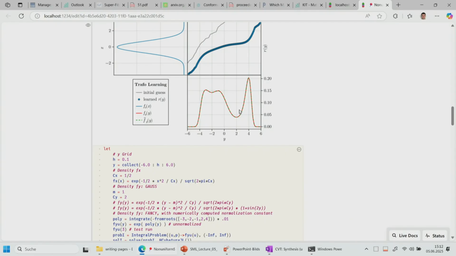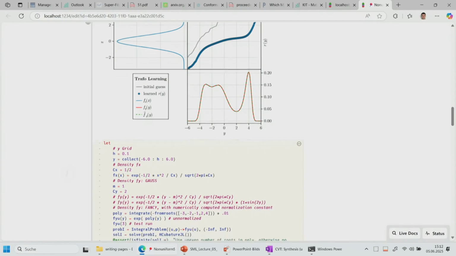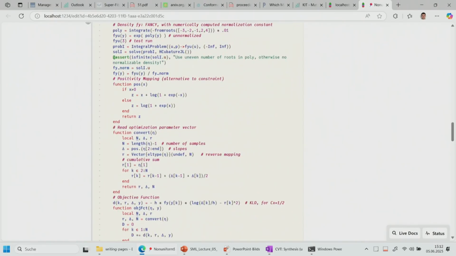That's very nice about the KLD. Then we set up an integration problem to get, for plotting purposes, as I said, the normalization constant.